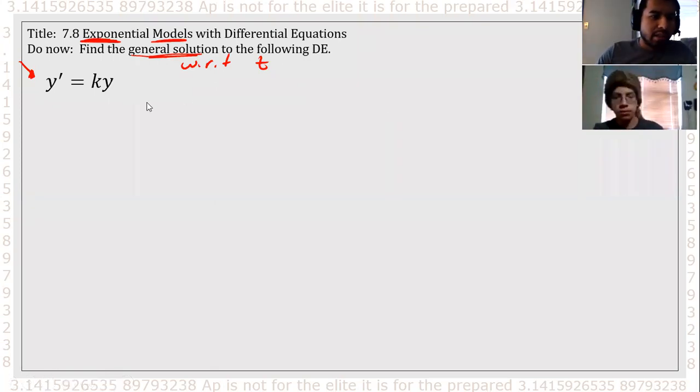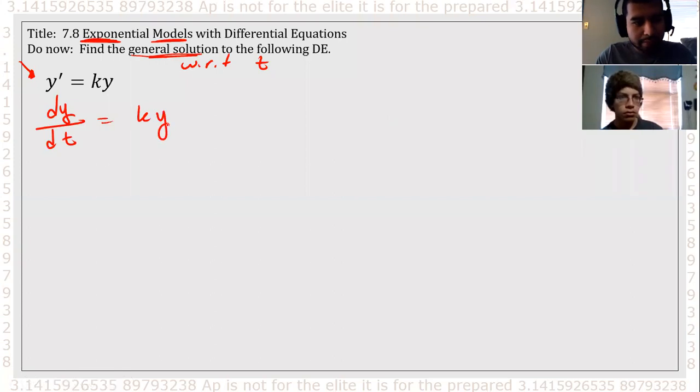If we differentiate this, we would see that it's the same thing as saying dy, with respect to t, so dy/dt is equal to ky, where k is the coefficient of proportionality. Then we do the same thing as we did the previous week and separate the variables.